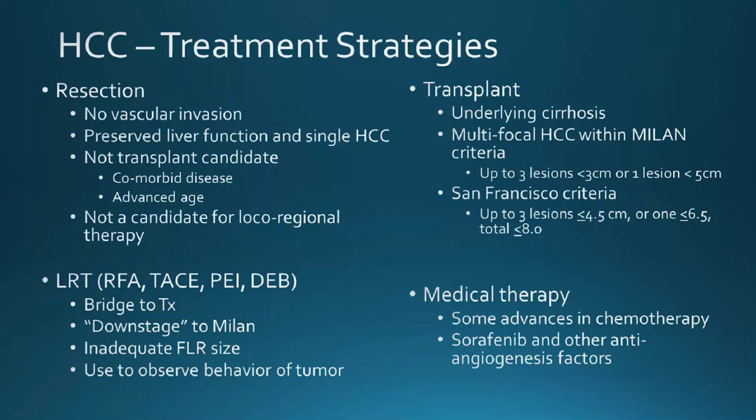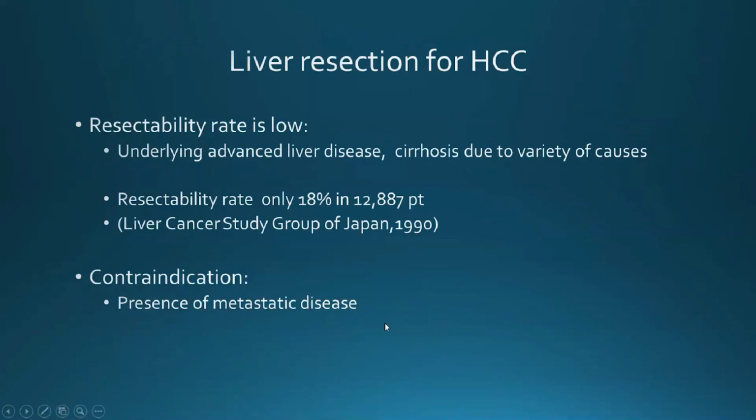And then when we look at the other options, when all these fail, we have to look at medical therapy. There have been some advances in chemotherapy. There are newer drugs coming out of the pipeline, and sorafenib has been in use for many years now. Based on the effectiveness of sorafenib, there are other anti-angiogenesis drugs in the pipeline that are coming out and being tested in hepatocellular carcinoma patients.